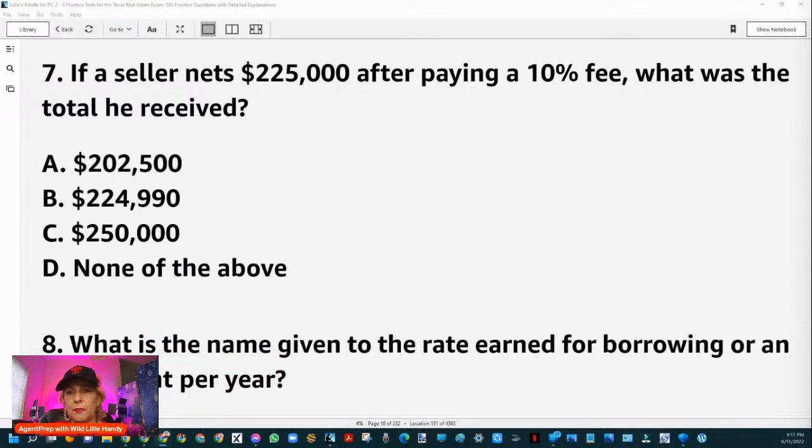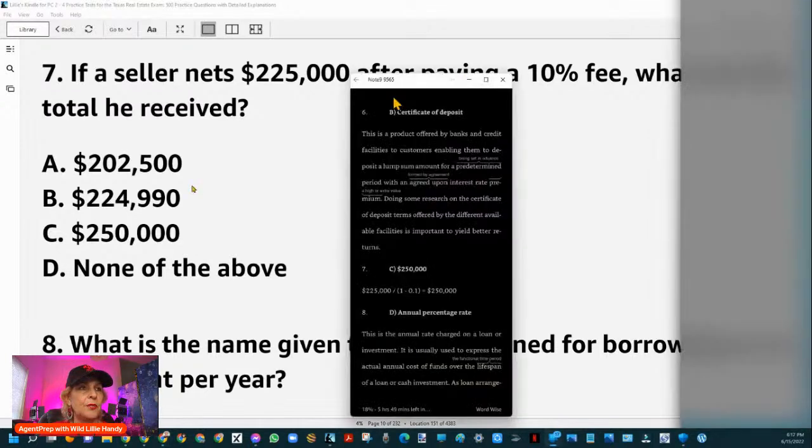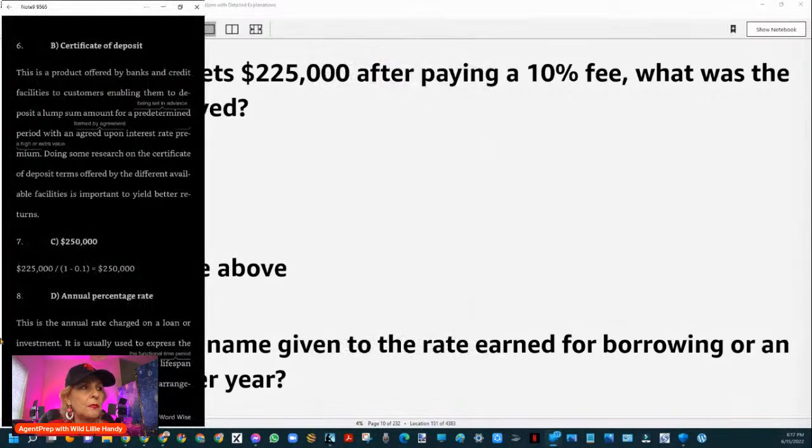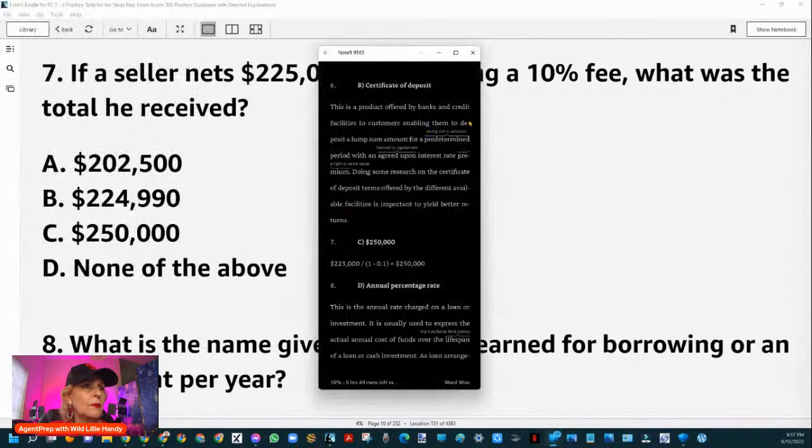So let me see if I can show you. Well, the formula does the same thing. Okay, so here's the formula, the T formula, 225. This is the screen from my phone.